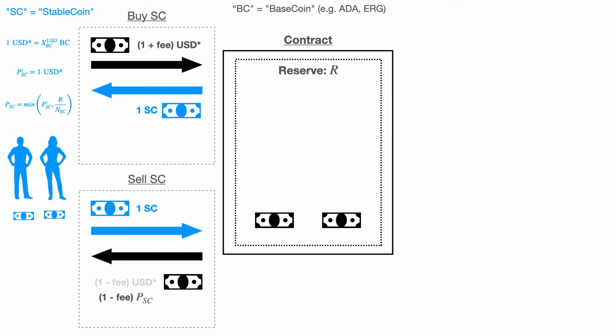So of course, you're only guaranteed to get $1 back if there are enough reserves. And if there is not enough reserves, you get a bit less, but at least the distribution will be fair. So every stablecoin holder will have the right to the same amount of base coins.